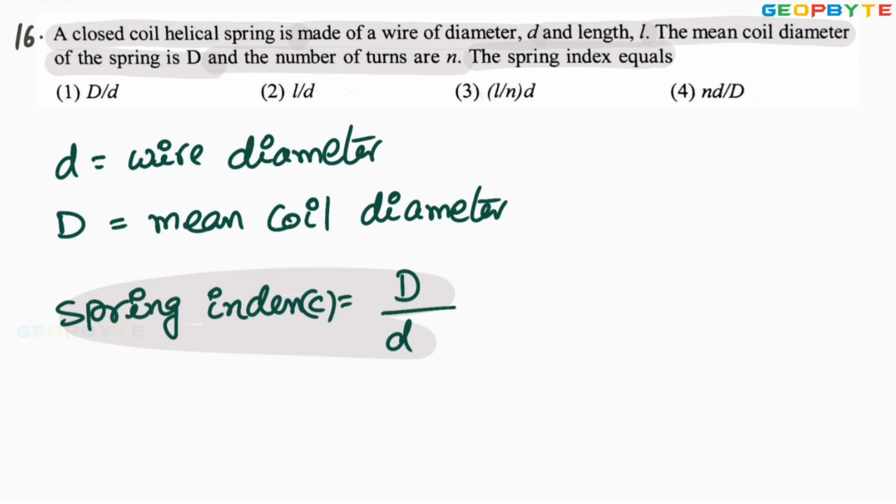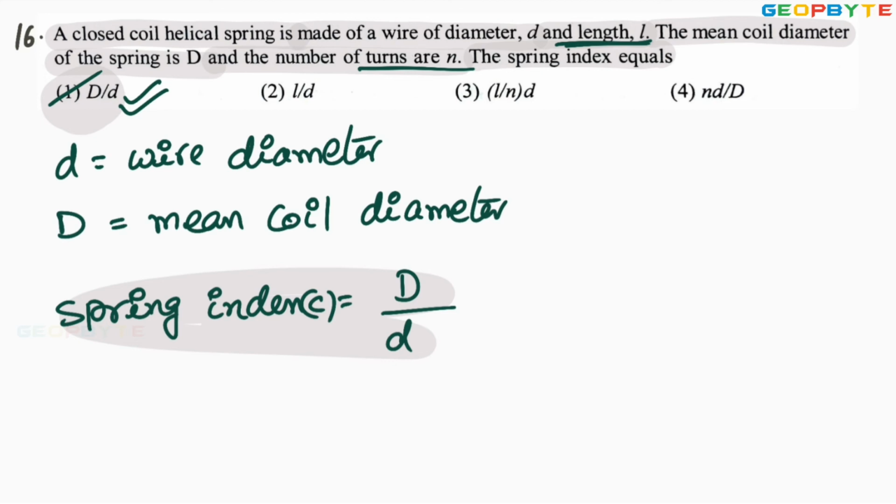Though length of the spring is given, number of turns also given, that data is coming under superfluous data or extra data. It is not compulsory to use all the data which is given in the problem. Whatever data is truly required for solving the problem is to be taken. Anyhow, the first option, spring index equal to ratio between the coil diameter and wire diameter, is correct.